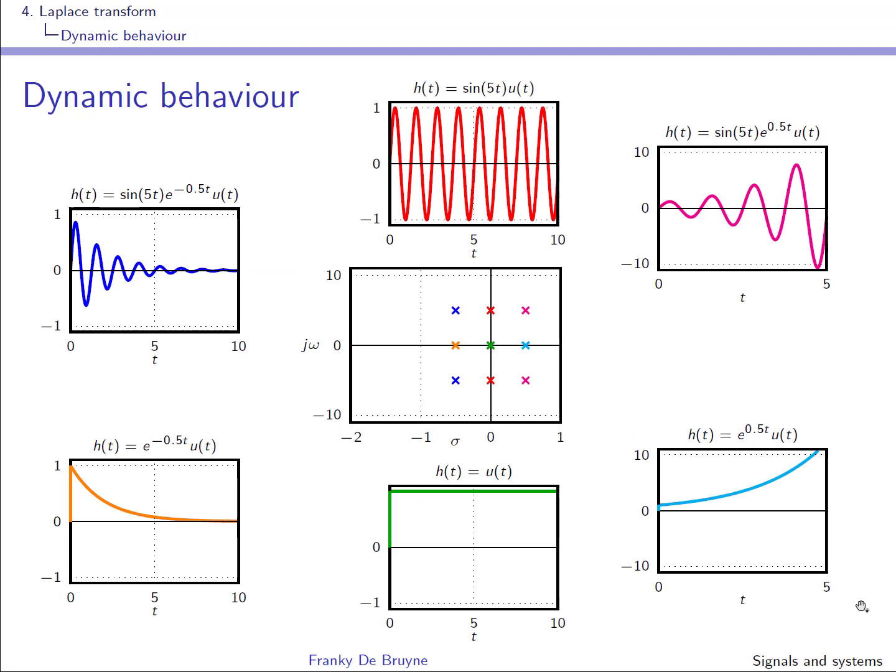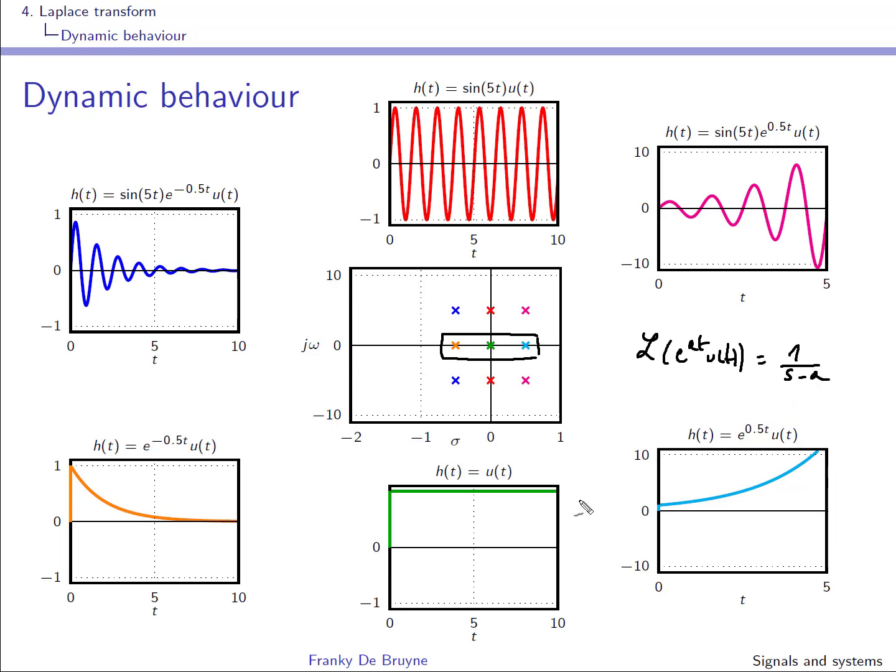So let's have a look at the dynamic behavior that you can have as a function of the pole location. If we look on the real axis, we have to remember that the Laplace transform of this signal over here is equal to 1 over s minus a. So in here the a is positive, so you have indeed a growing exponential.